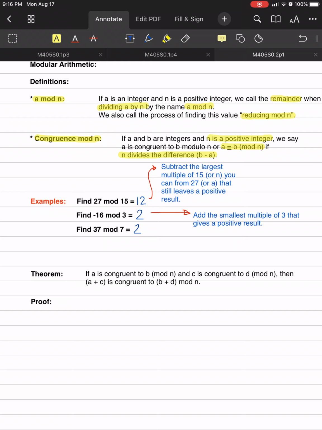But this idea is where essentially modular arithmetic comes from. If you have two values that are congruent mod n, they have to behave the same way in terms of a lot of different properties, and you can actually prove pretty much all of your standard properties work.